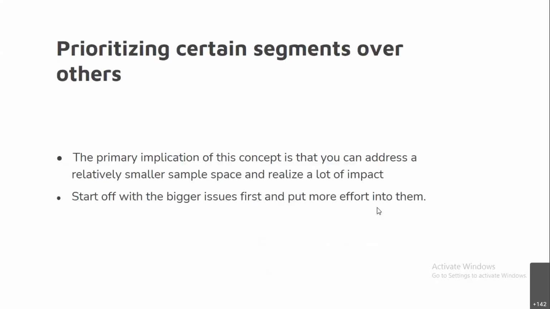Now, I did say earlier that you can go about segmenting indefinitely if you really think about it, but a guesstimate always comes with a time constraint. So you do have to choose certain segments over other segments. For example, if you're selling footballs, first think about the age groups that you're aiming at.